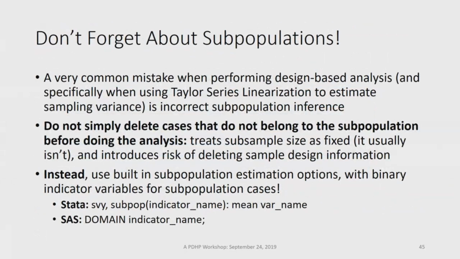Yep, Catherine? I'm wondering about missing data, on specific variables or individuals, and how does that feed into this? Do they become part of the subpop value 0? So the question, for those of you online who maybe didn't hear, is what about missing data in defining that subpop indicator?